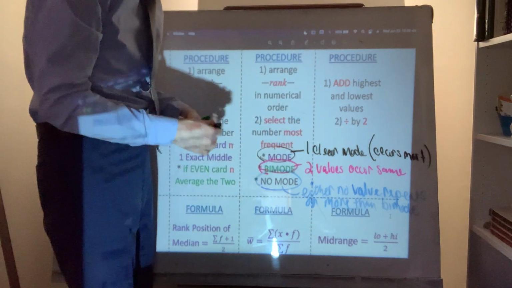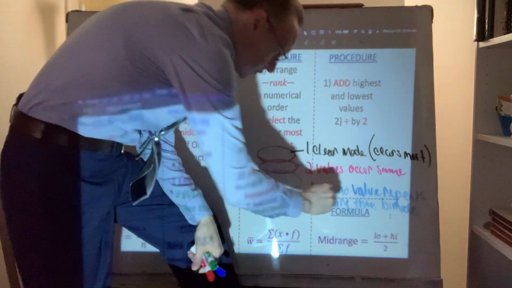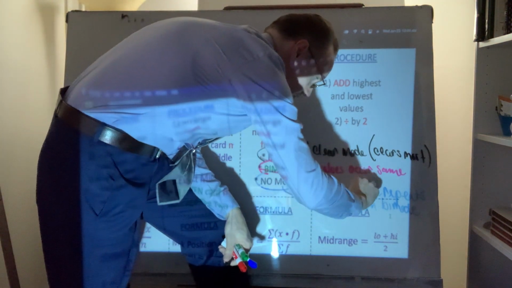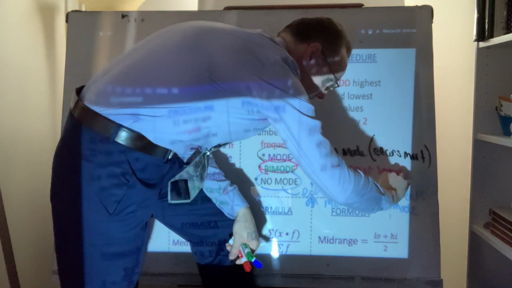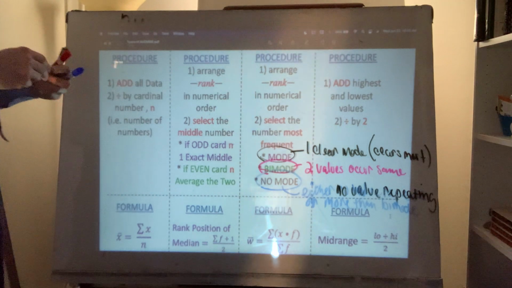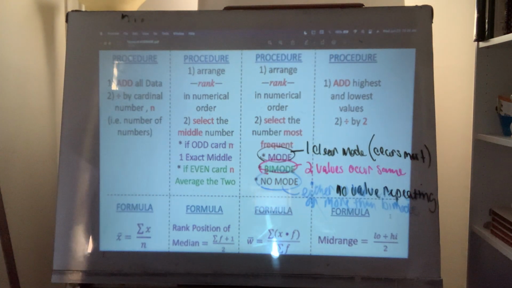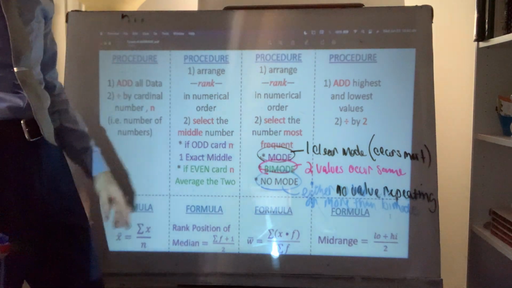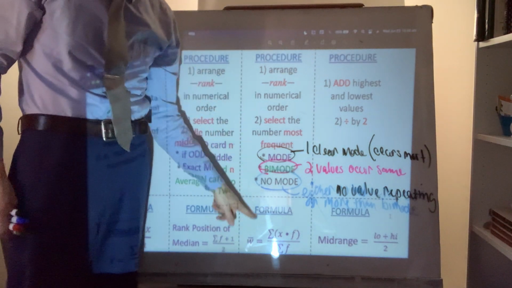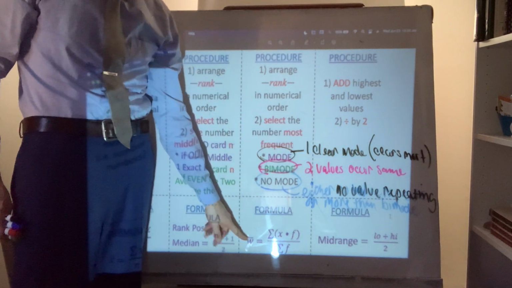Of course, there could be the situation where there is no value repeating. So just beware of that. Now, again, this formula down here is not going to give you the mode.